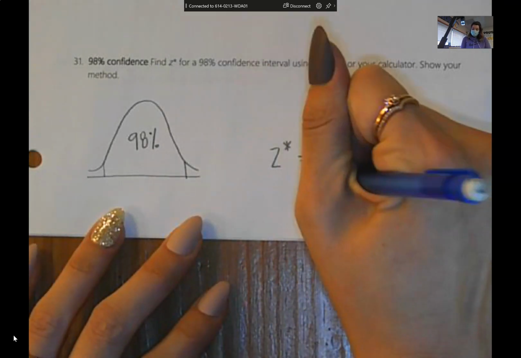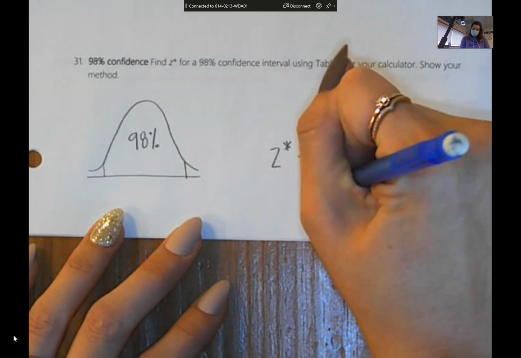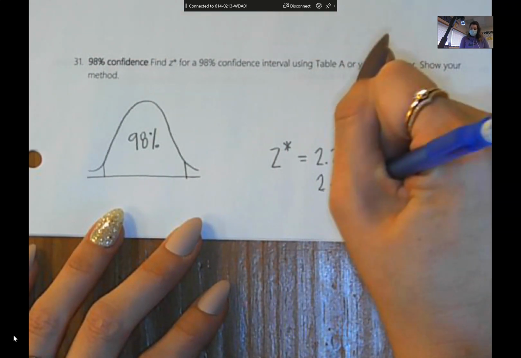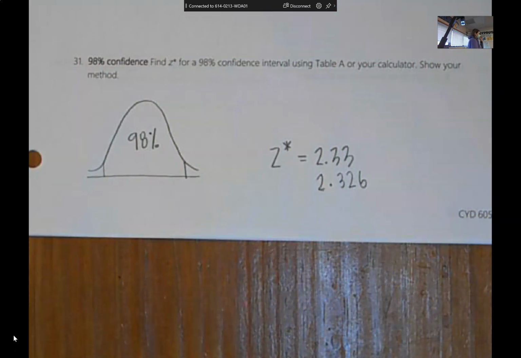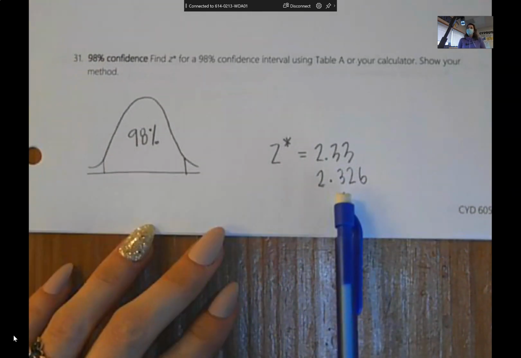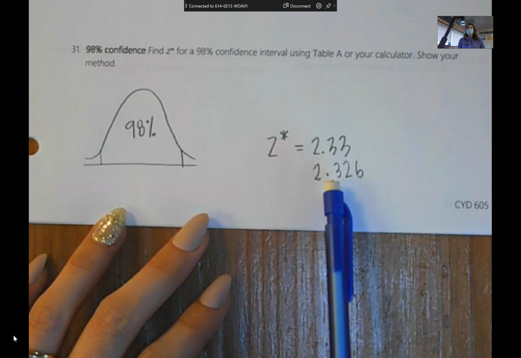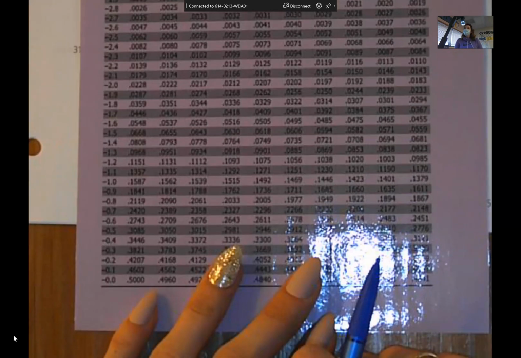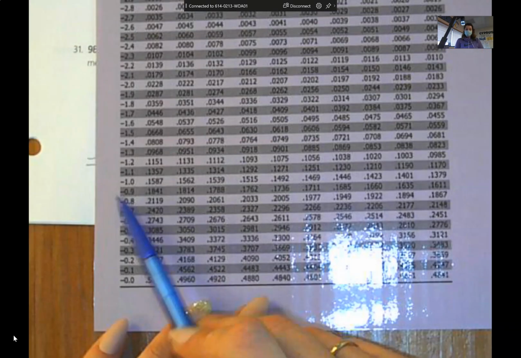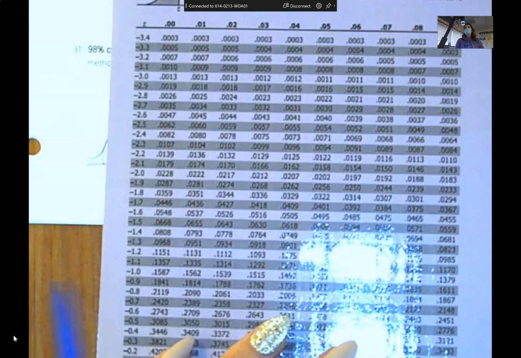Many of you were getting 2.326 or something along those lines. I'm not sure if that's 100% right, but I know where you're getting this number from, and I'm okay with this number. But one thing that I want you to consider is that when you actually use your Z table, when you really go to find your critical value, your Z table doesn't give you 3 decimal places.